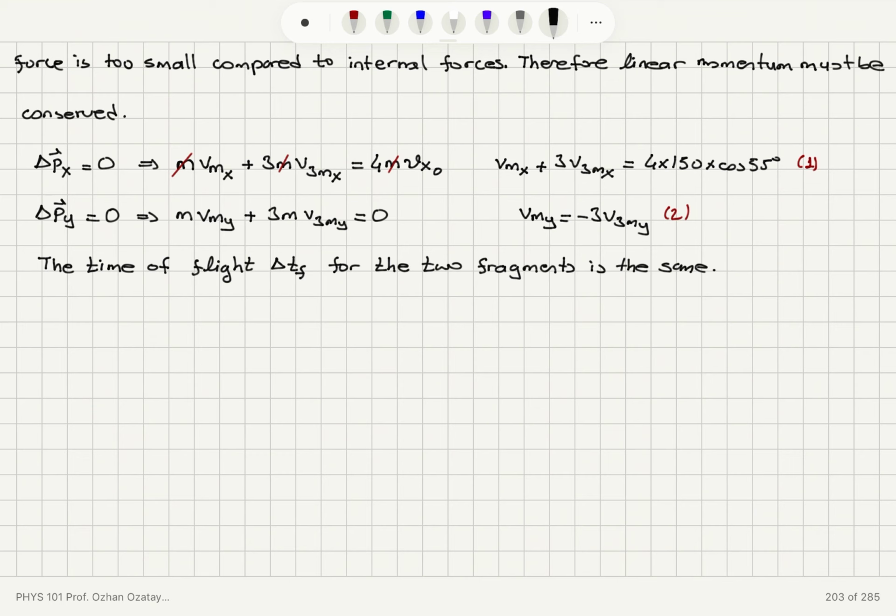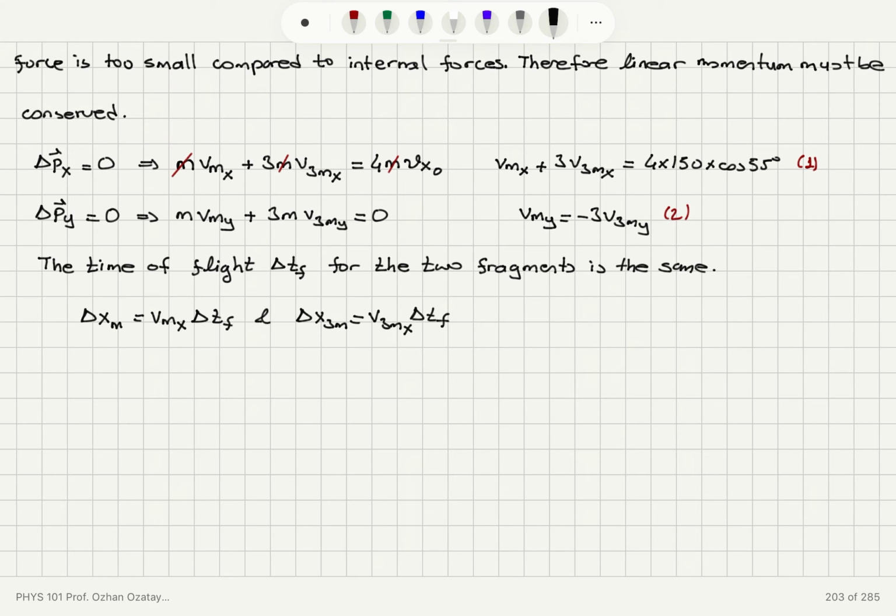Okay, so the distance the fragment with mass m travels will be equal to Vmx times delta Tf, and the distance the 3m travels will be equal to v3mx delta tf.